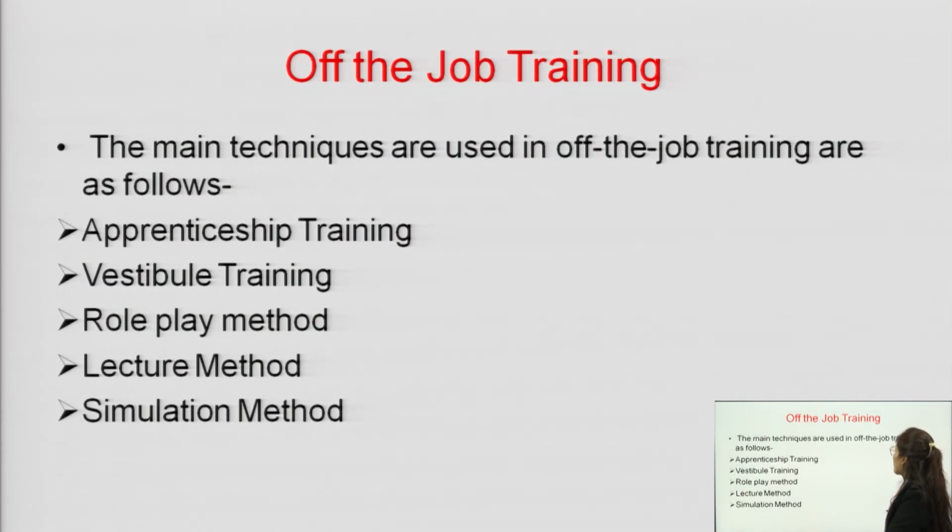If I talk about off the job training, again this is further divided into 5 parts, which we have also discussed. Apprenticeship training is usually given to enhance the vocational skills of the trainees. Vestibule training is a kind of training given in an artificial environment, but the machines and equipment used by the trainees are identical in nature.